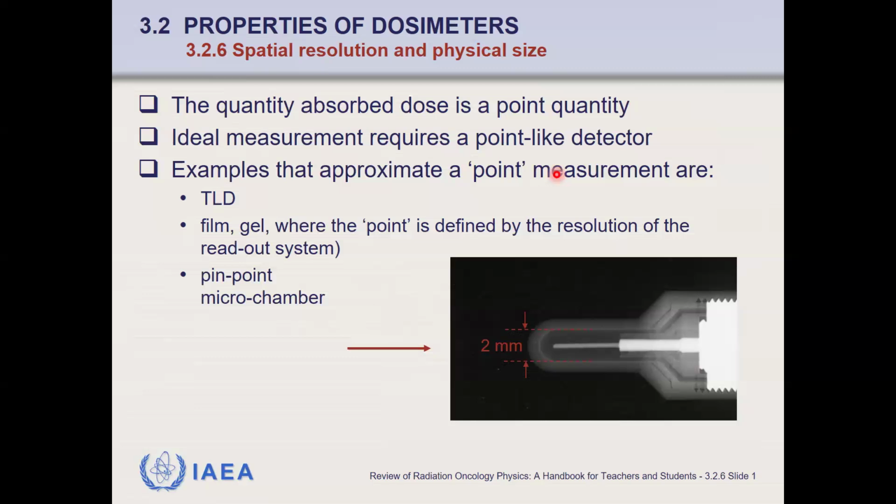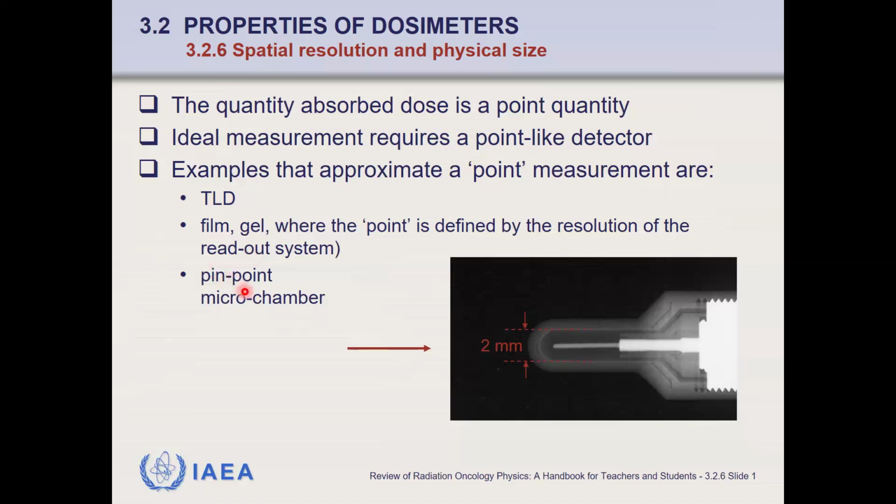They record ionizing radiation exposure. Of course there is a process we will talk about later. Now film and gel dosimeters also offer spatial resolution, and the point is defined by the resolution of the readout system. So these detectors capture the distribution of radiation exposure across their surface, allowing for detailed information about that distribution.